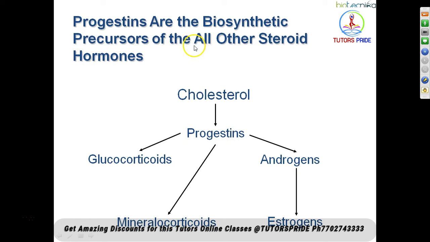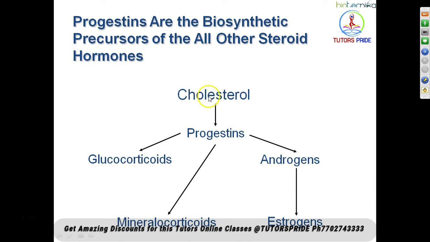As you can see, progestins are the biosynthetic precursors of all other steroid hormones. Because you are studying the chemistry of steroids now, you have to remember all this. So the first starting material, the precursor, is your cholesterol. From cholesterol, it is producing progestins. So progestins can regulate glucocorticoids, mineralocorticoids, androgens, or indirectly we can say it is regulating estrogens. Got my point?